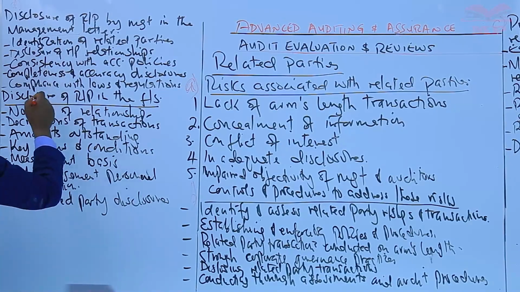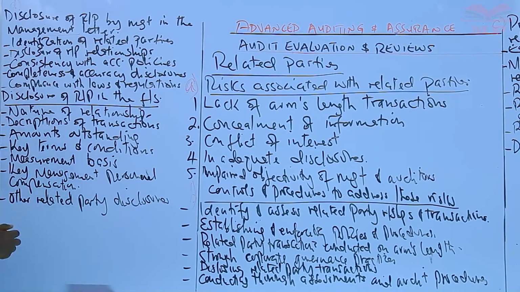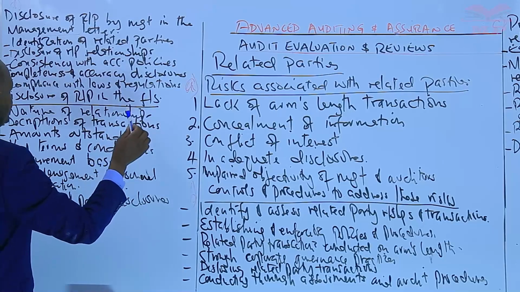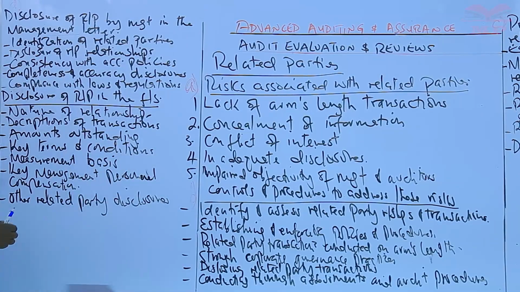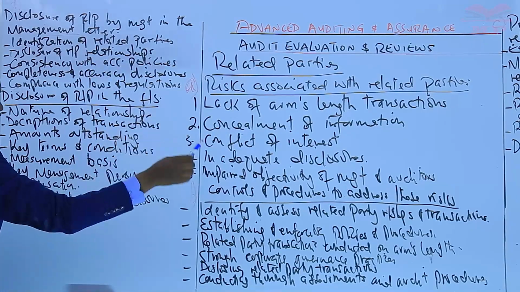Then E5, we've studied the disclosure of related parties in the financial statements.